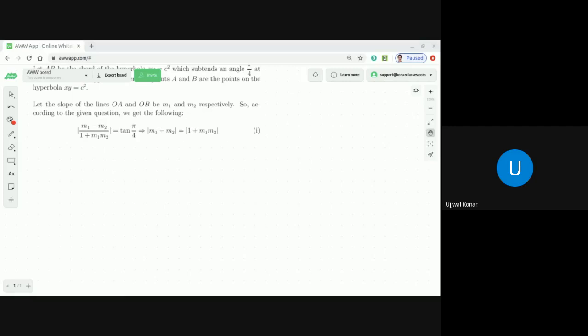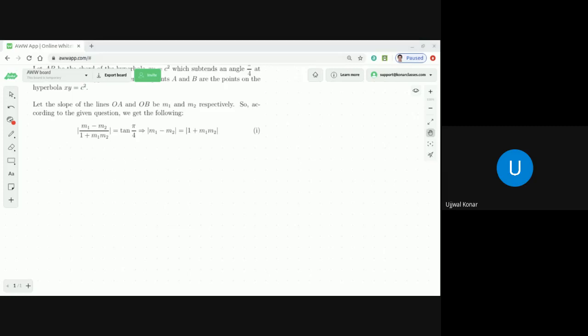Now let P(h, k) be the foot of the perpendicular drawn from the origin to the chord AB. According to the question, we need to find the locus of the point P(h, k). Correct? So what we are going to do?